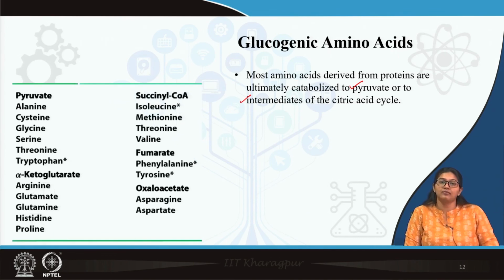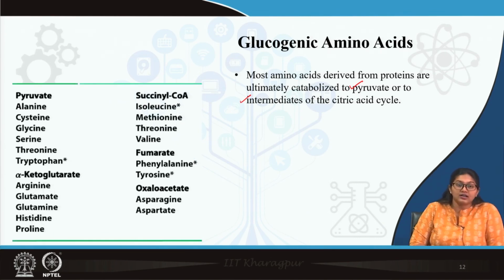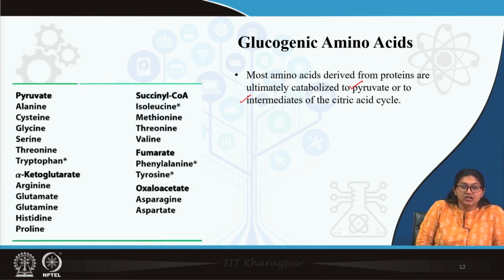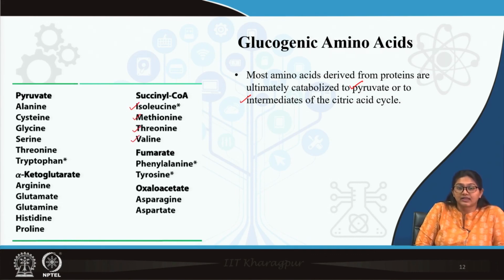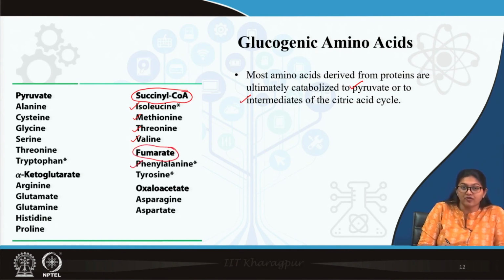Now, glucogenic amino acids here are mentioned with their site of entry. Isoleucine, methionine, threonine, and valine can form succinyl coenzyme A, an intermediate of the TCA cycle. Similarly, fumarate can be formed from phenylalanine and tyrosine.